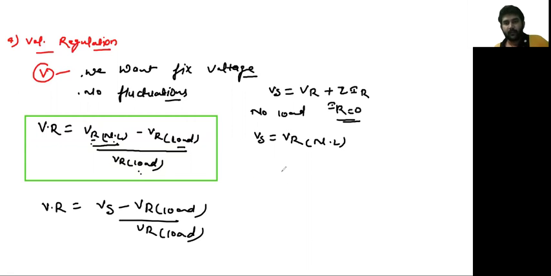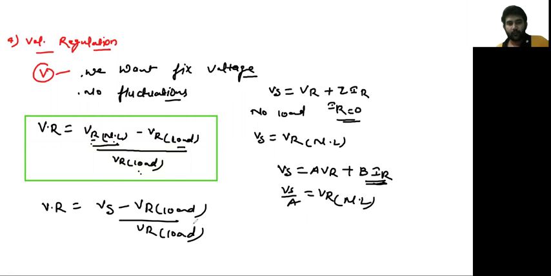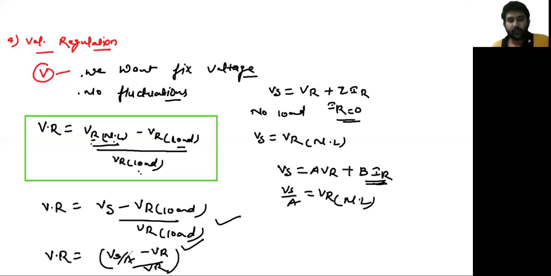Or in general, we can say Vs is A VR plus B IR, but for no load, this term becomes 0. So Vs by A is VR at no load. So in general, this will become Vs by A minus VR, by VR. This is your equation for voltage regulation at load. This is for the general case, and the earlier one is for short transmission.